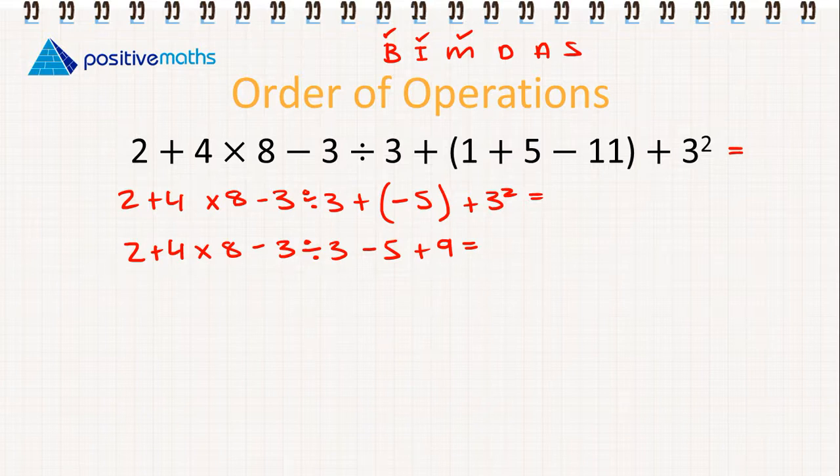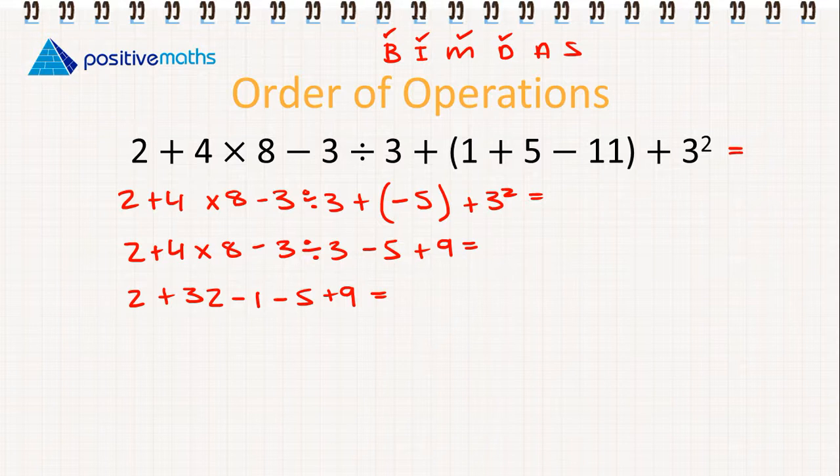So we have our multiplication here. We have 4 by 8 will give us 32. Minus 3 divided by 3 is going to give us 1. So we'll get our minus 1. Minus 5 plus 9. And now we can do our addition and our subtraction.